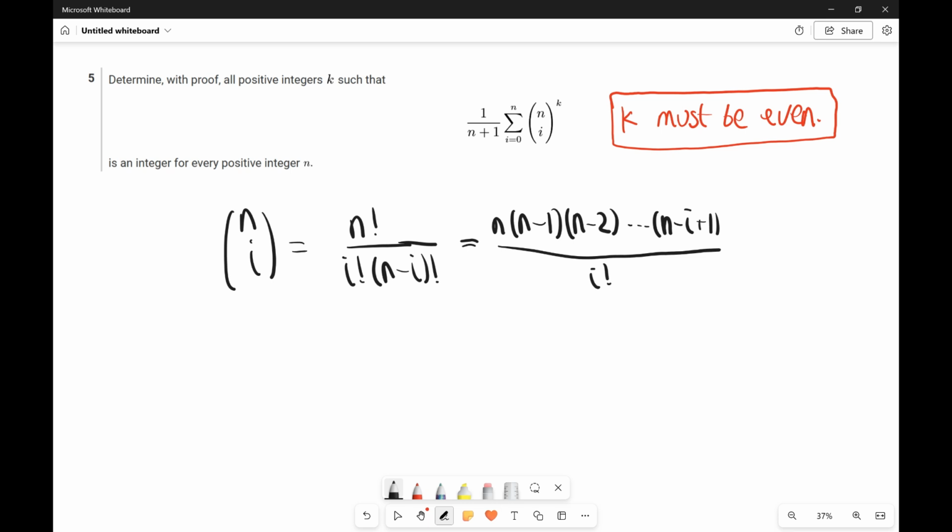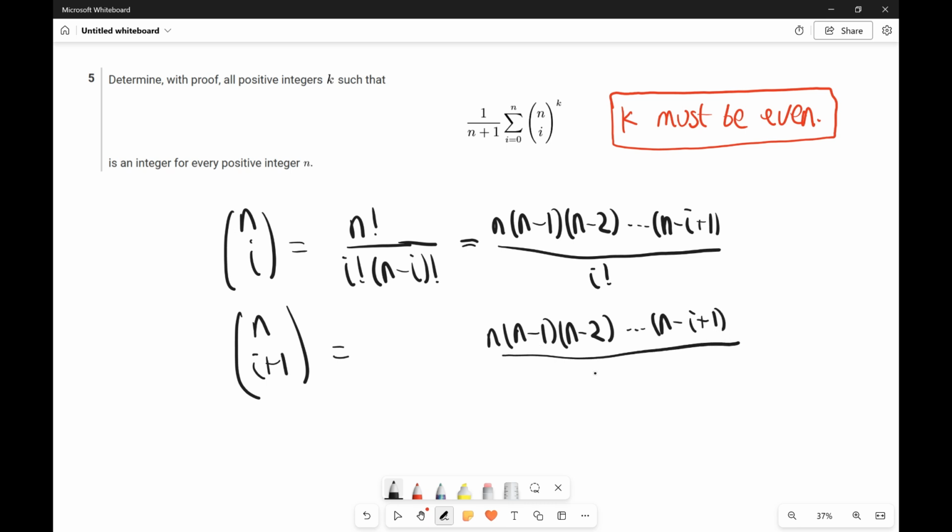And if we want to continue to the next chunk, then we get n choose I plus 1 is equal to n times n minus 1 times n minus 2 all the way to n minus I plus 1, over, actually this becomes n minus I, and then we have it all over I plus 1 factorial. And notice it's just this expression here, so it's n choose I, but we multiply by n minus I and divide by I plus 1.